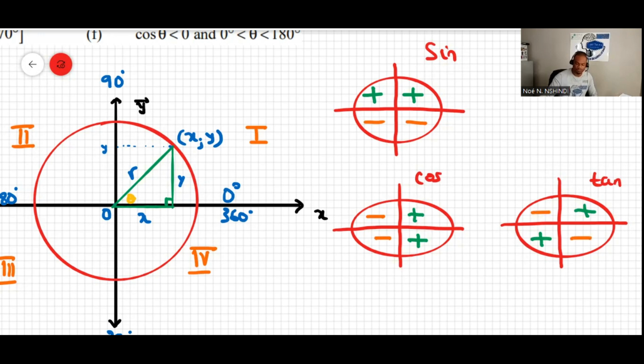So if you know the signs of the trig functions in the quadrants, you will be okay to solve what will come. It simply means that you won't struggle to solve the exercises we are about to do.